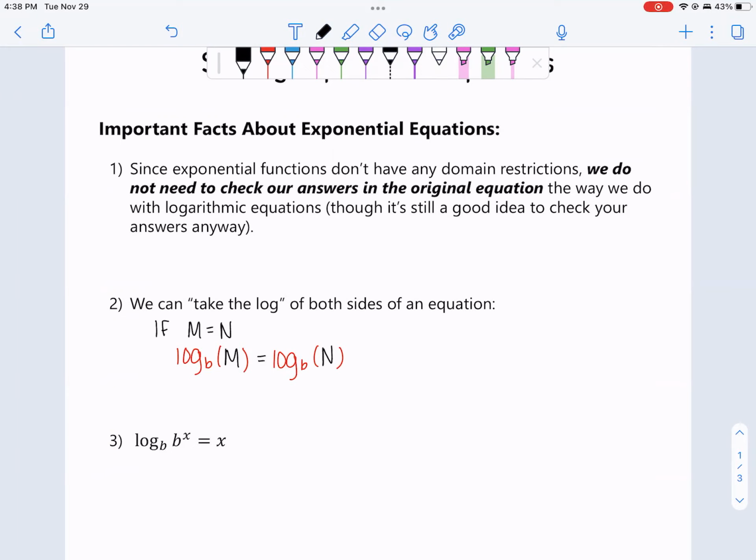This might not sound super exciting. It might sound like the opposite of what we were doing in the previous problem with the logarithmic equations, because we were trying to go the opposite way from here to here. But this is really important, and it does have a lot of relevance.